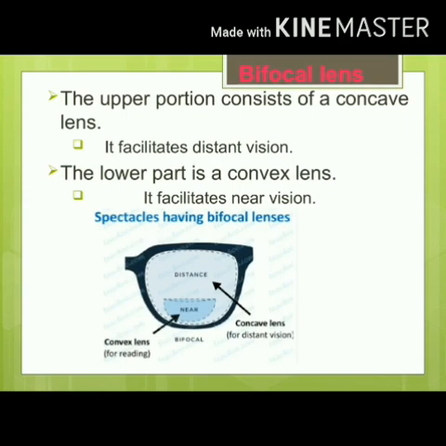So using the bifocal lens, we can solve the problem of a person who is suffering from myopia and hypermetropia simultaneously. So these are the main problems, and they are solved in your syllabus.